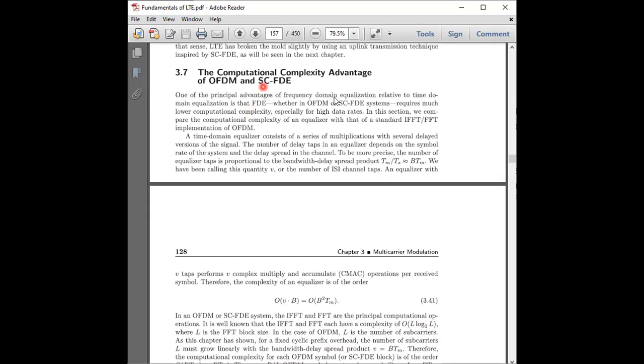In 2G or 3G, there also we had the channel estimation. But after having done the channel estimation, the only way to recover the original data was by equalization, and a typical equalizer is nothing but a kind of filtering action where every order of the filter is typically called a tap.